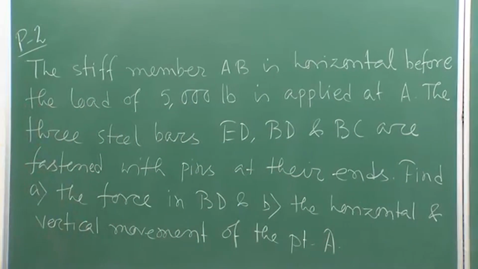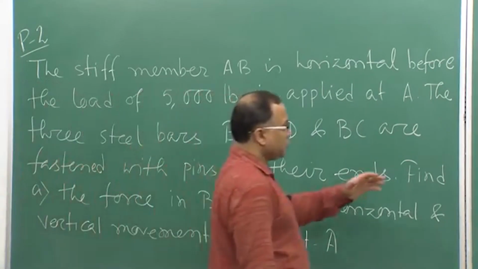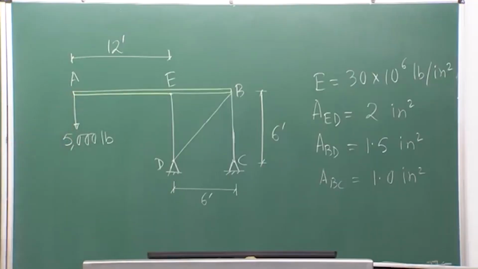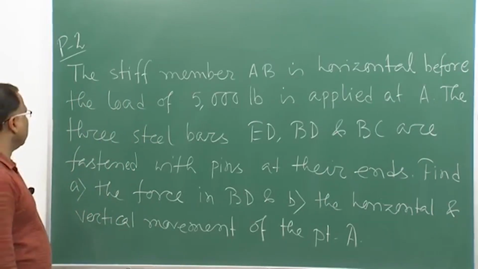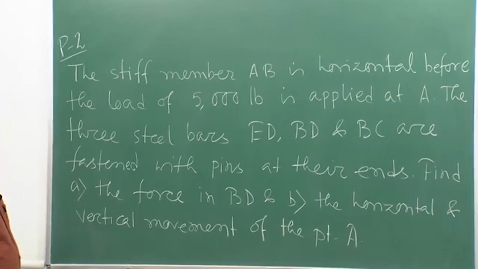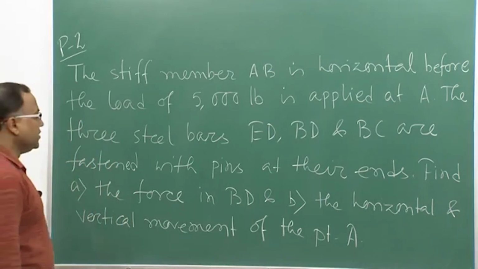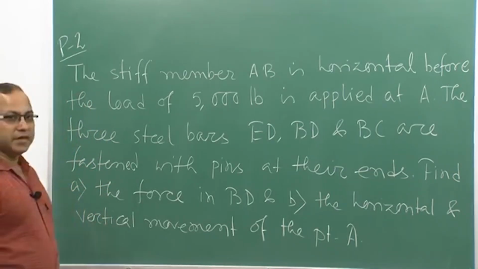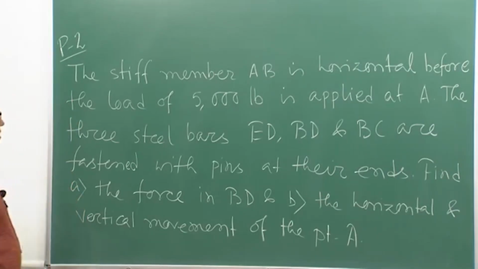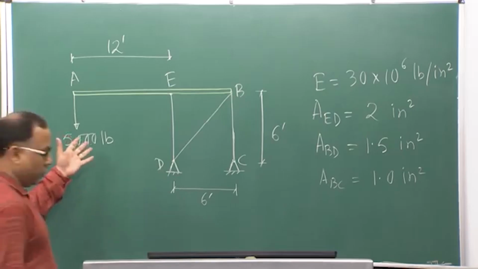The stiff member AB is horizontal before the load of 5000 pound is applied at point A. The three steel bars ED, BD and BC are all two force members, fastened with pins at their ends. Find first the force in member BD, and second the horizontal and vertical movement of the point A after the application of load 5000 pound.